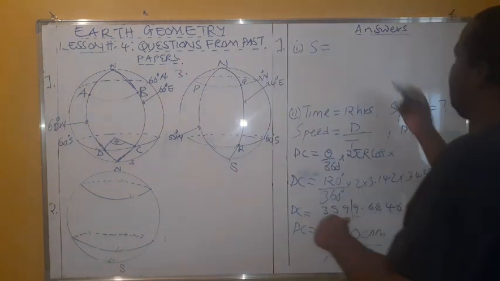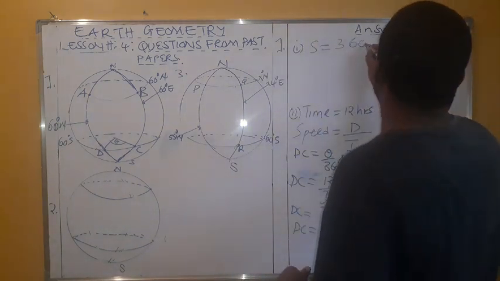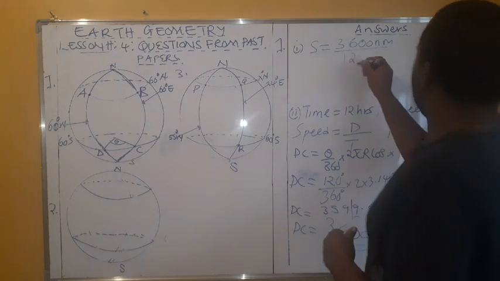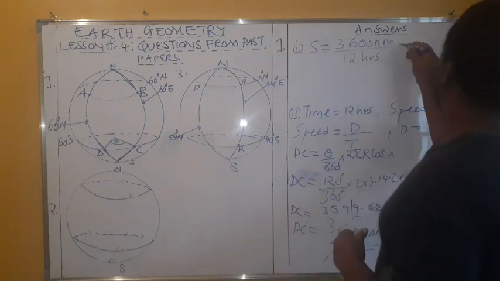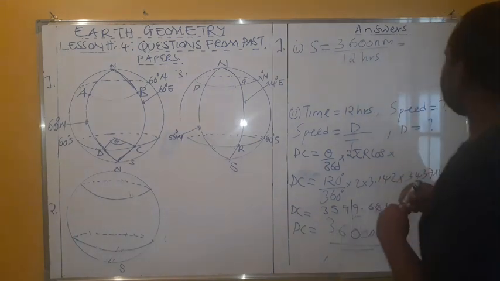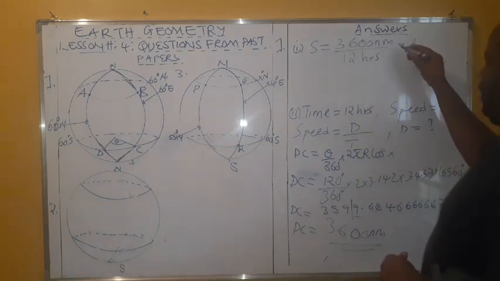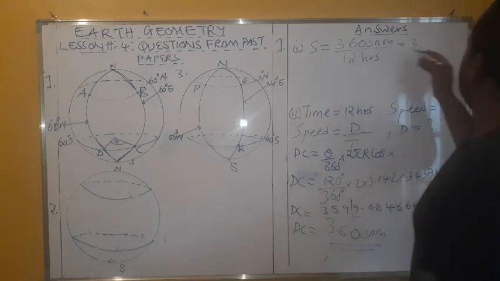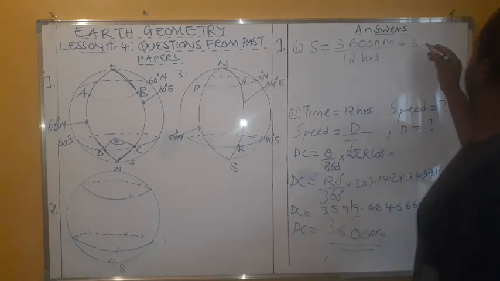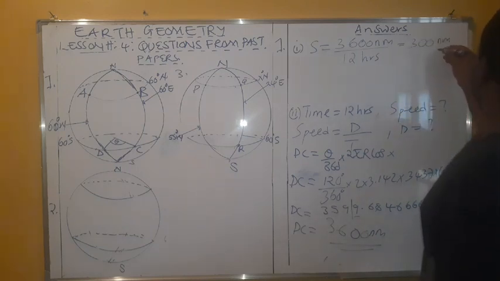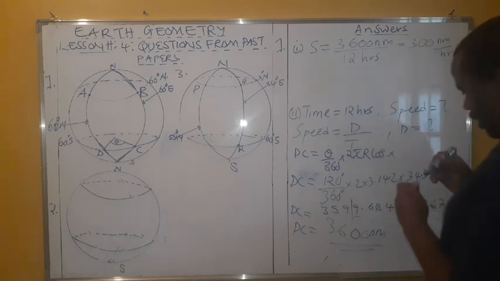This is our distance now: 3,600 nautical miles divided by time taken, which is 12 hours. 12 into 36 is 3, into 0 you have got 0, and so you have got 300 nautical miles per hour. That is our speed.